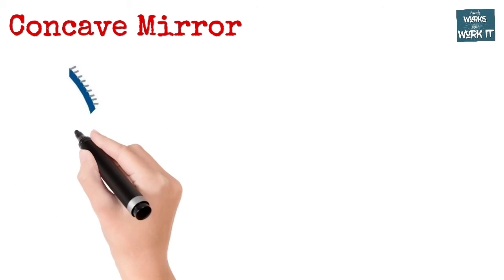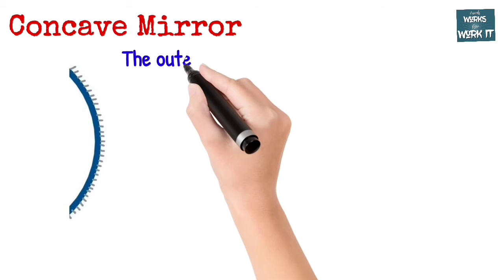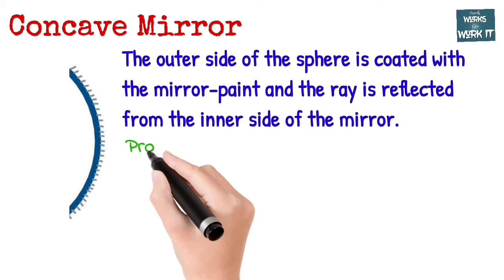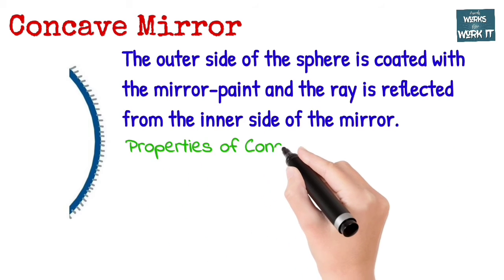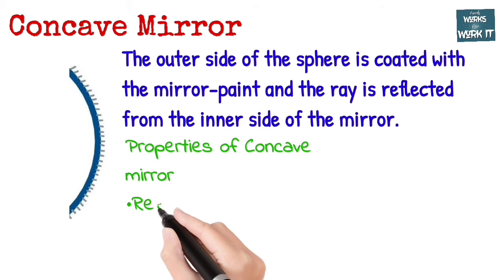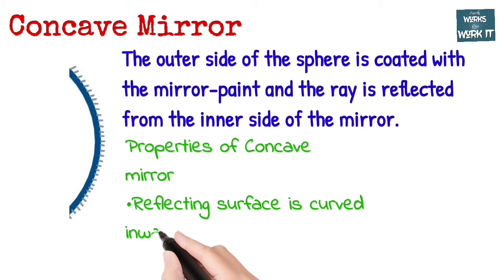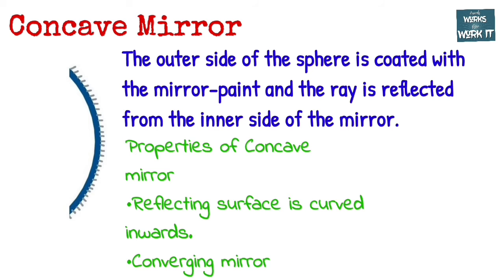Concave mirrors are generally in the shape of this one, and the outer side of the sphere is coated with mirror paint and the ray is reflected from the inner side of the mirror. A concave mirror has a reflecting surface which is curved inward. That's why it is called the converging mirror.